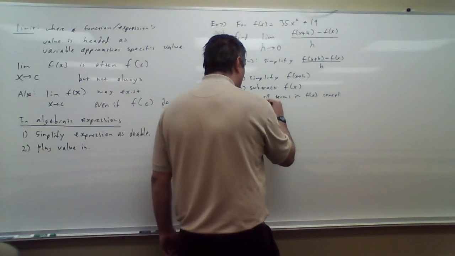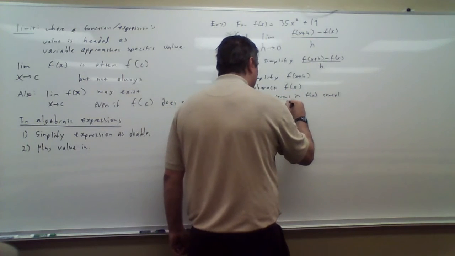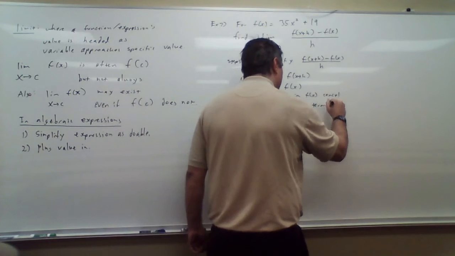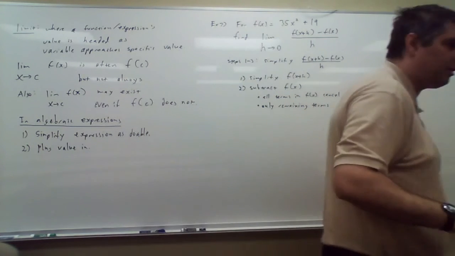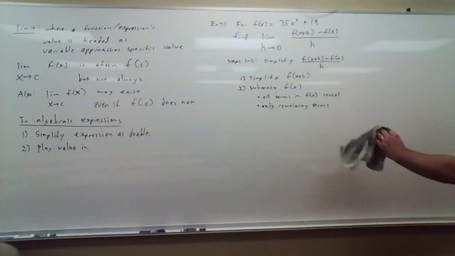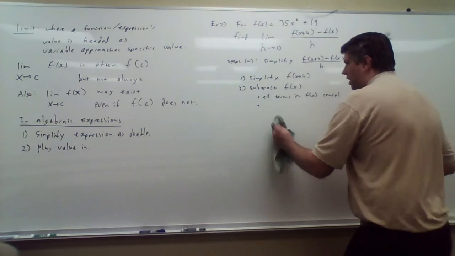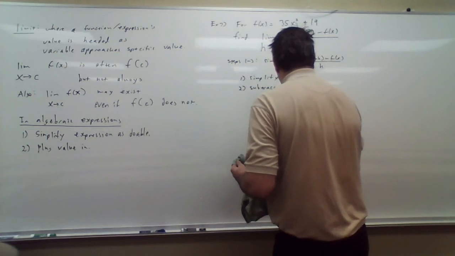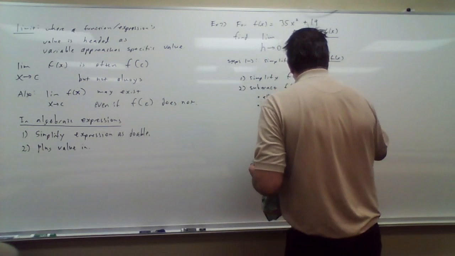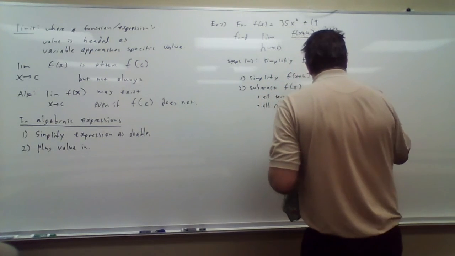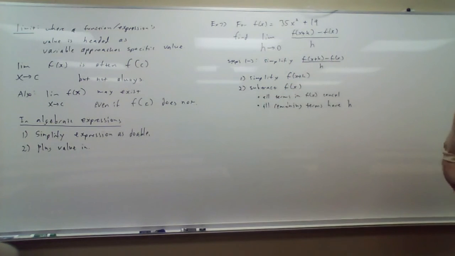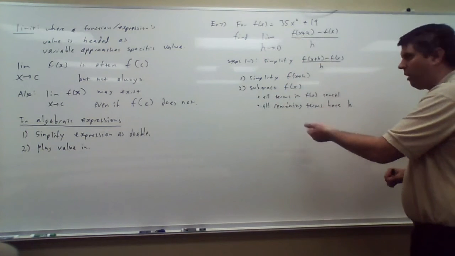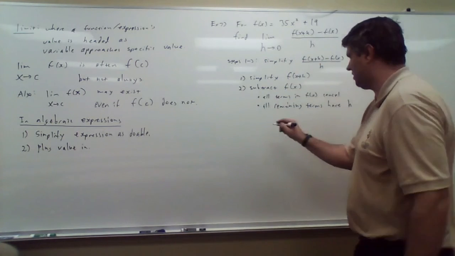And all remaining terms have h. Okay, after this step is over, all the terms in f of x would cancel against the counterpart, and the only surviving terms would have h's in them.